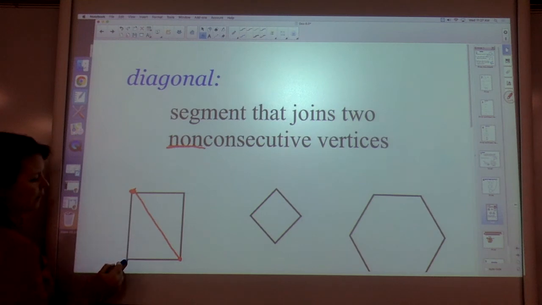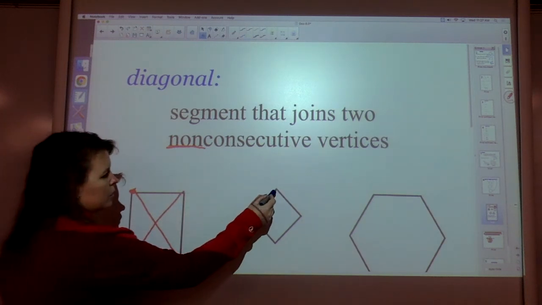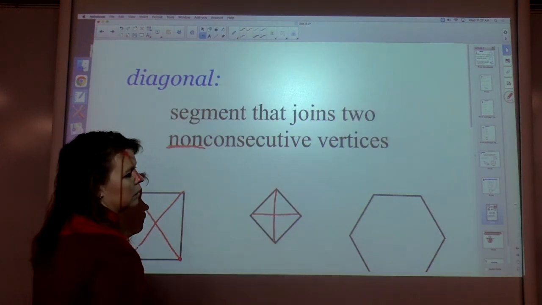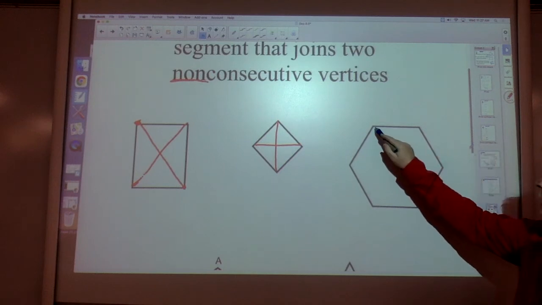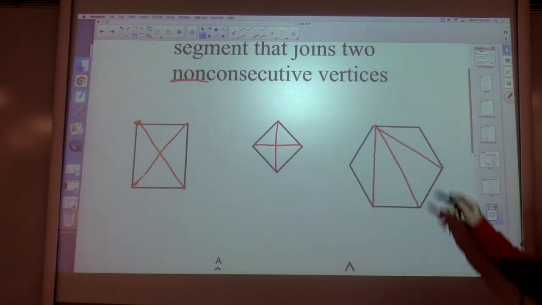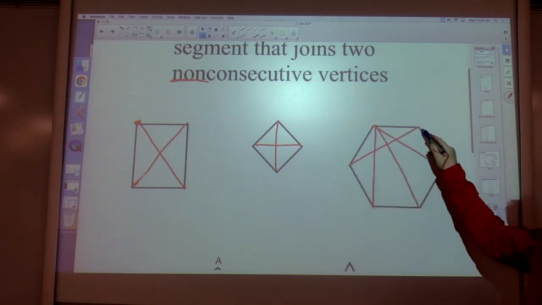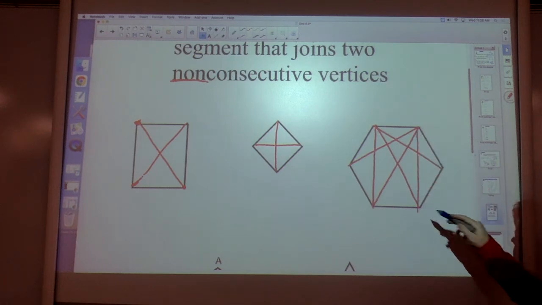So this quadrilateral has two diagonals. This hexagon has 1, 2, 3 diagonals. Keep going. 4, 5, 6 diagonals.